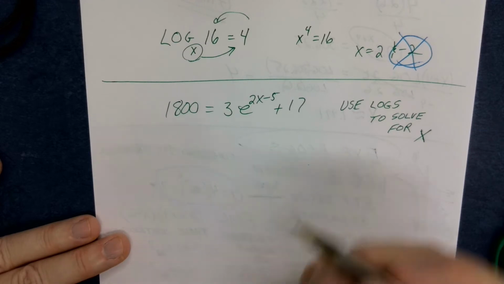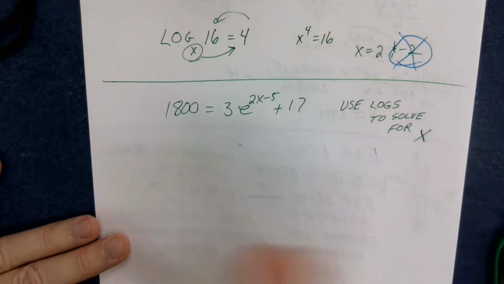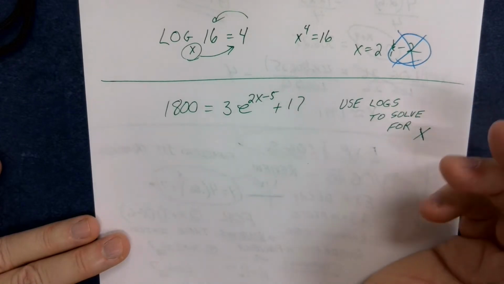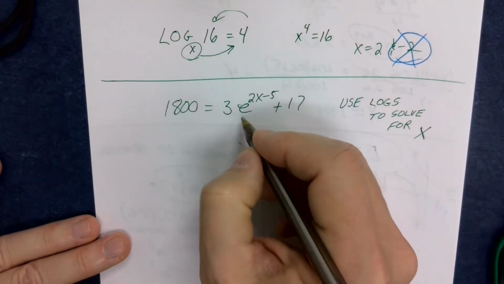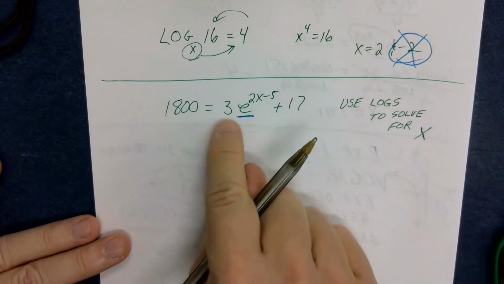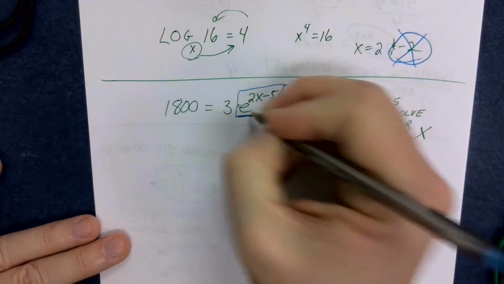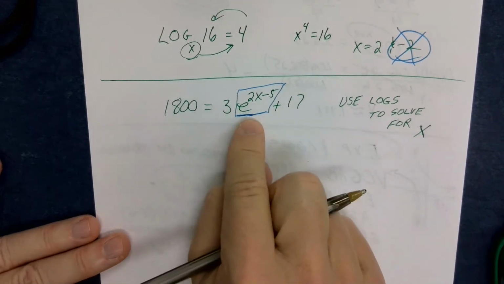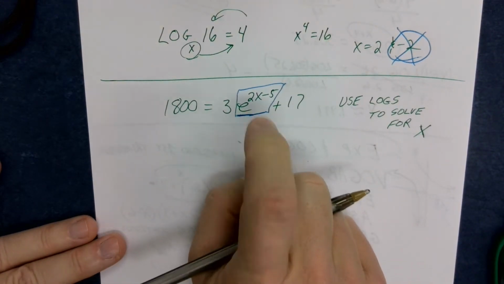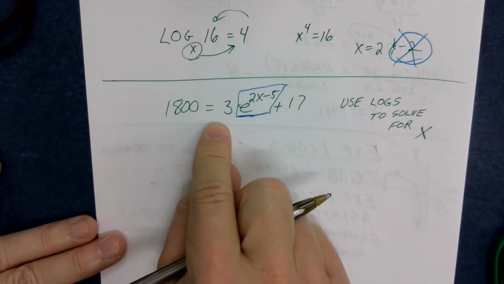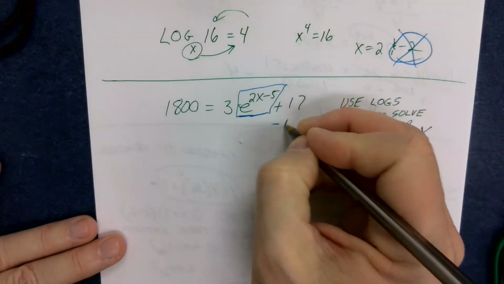I'm just going to go ahead and do this one right now for you, making sure that everybody's on the same page. We're going to talk about the tree and the owl again. So the base of the tree is just the e. It does not include the 3. So I'm going to isolate that. That's what I have to get alone on this side of the equation. So I have to move my 17 and my 3. My 17 has to go first.